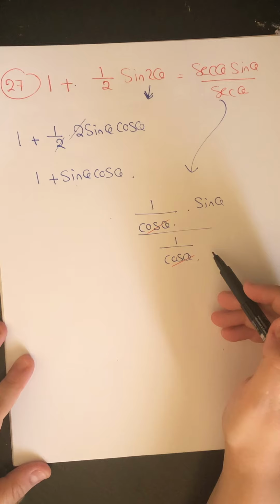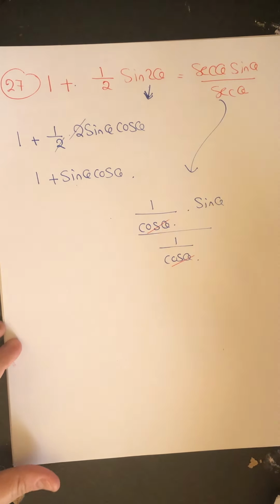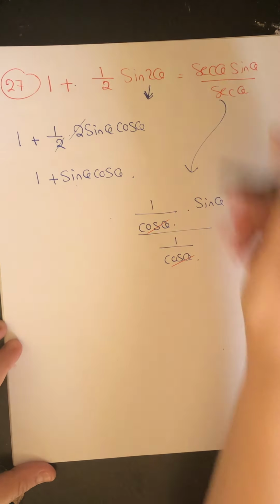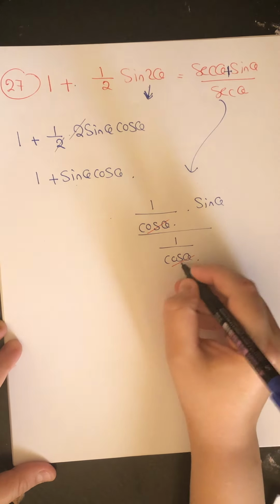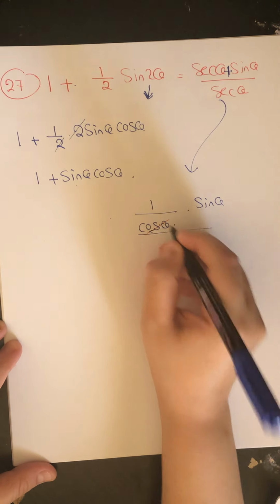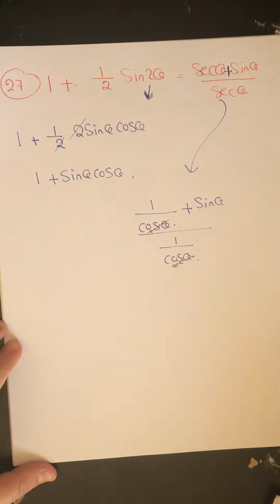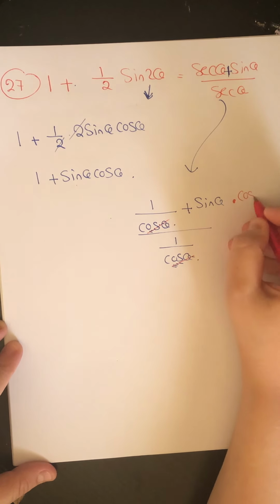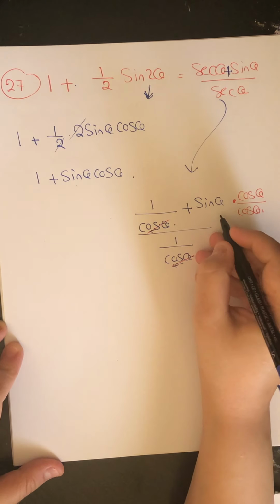Actually, just a second. No, the question is not like this. The question here is an addition, so I cannot cancel anymore. Okay, it's plus. My next step is to multiply by cosine theta over cosine theta to make the denominators equal.